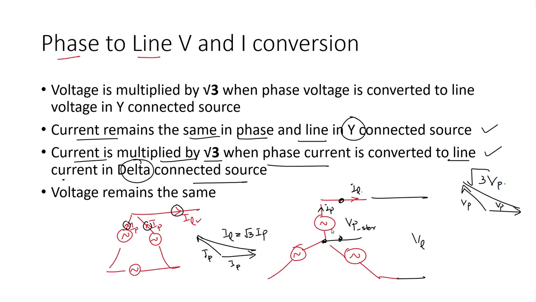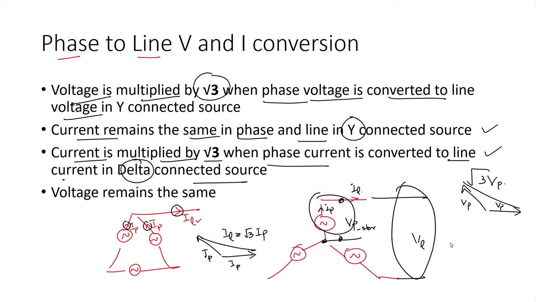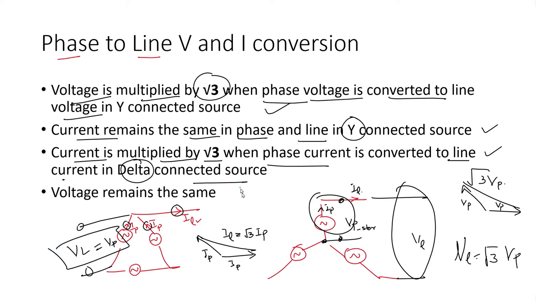So in Y connected sources, the voltage is multiplied by root 3 when the phase voltage is converted to line voltage. This is the phase voltage, this is the line voltage. VL is equal to root 3 times VP. Whereas if we check the voltage in delta, this is our VP as well as VL, so VP is equal to VL. So this is when we were converting from phase to line.